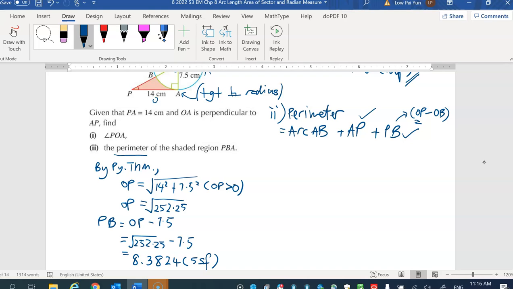So now I need to find the arc of AB. Okay, let me quickly divide my space and I can find arc AB.